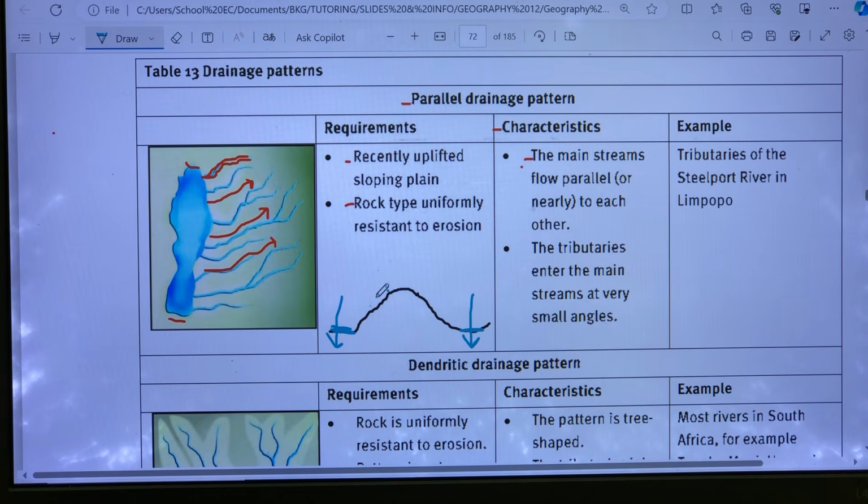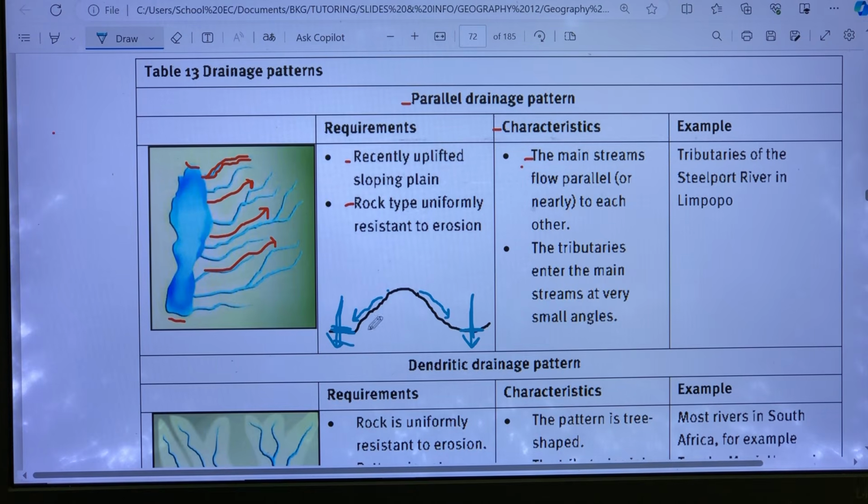And the tributaries move from the upsloping hill or from a sloping plane. So these are the tributaries, okay? We can see that our mainstreams are parallel to each other. That's what it means.